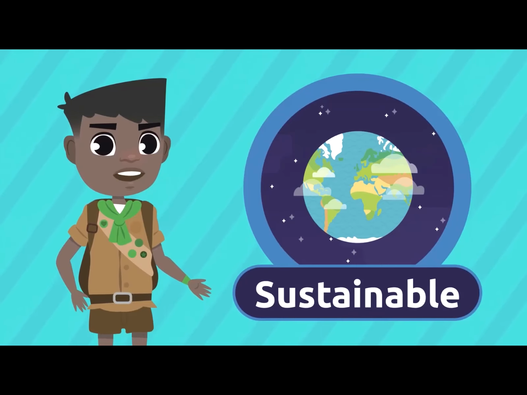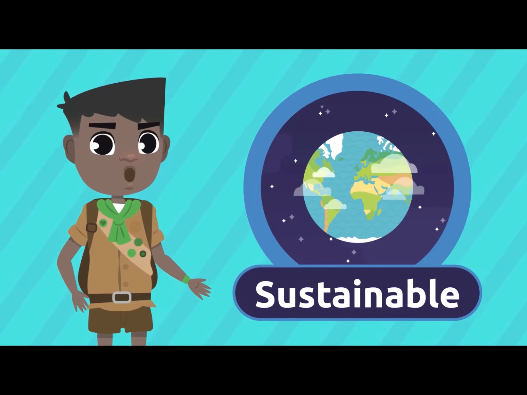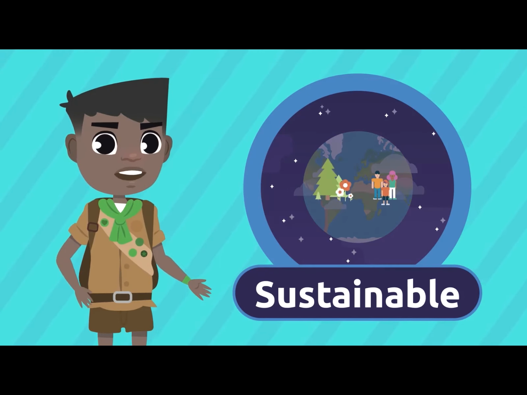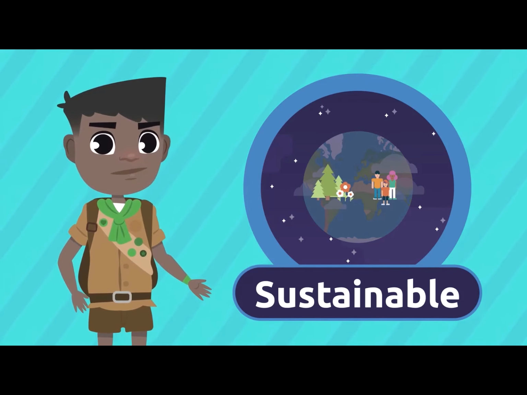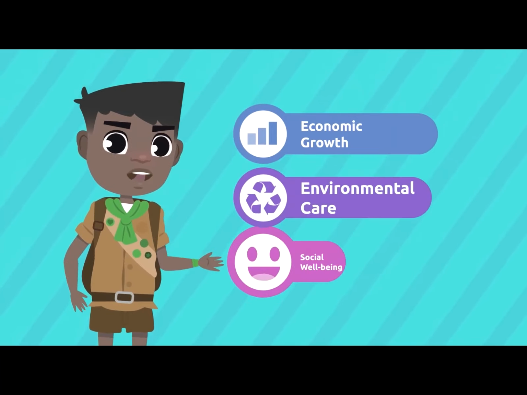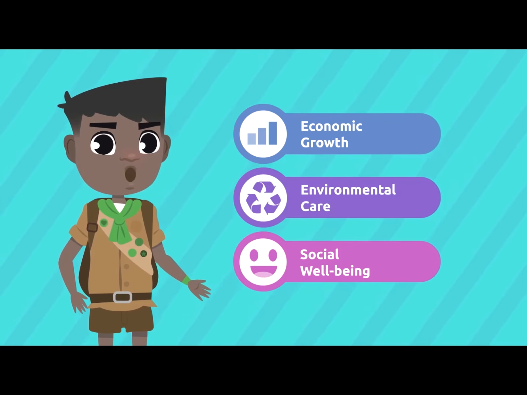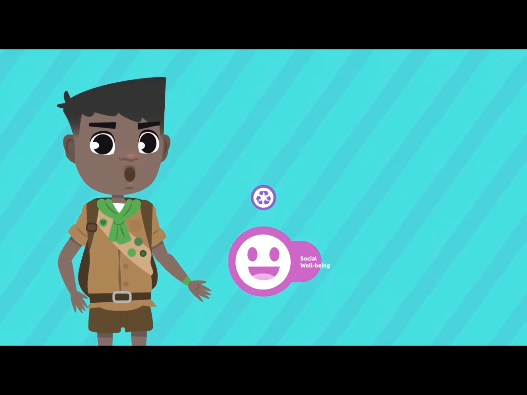Do you know this word? A sustainable planet or city are those that provide people with a good quality of life without risking natural resources. This way, future generations will enjoy a wonderful planet where economic growth, environmental care, and social well-being are in balance. Remember, it's in your hands.